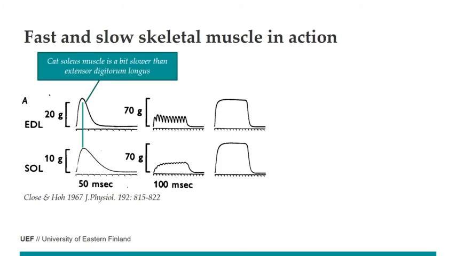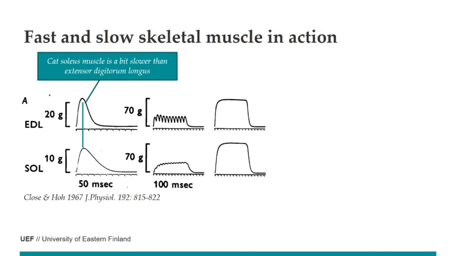The cat soleus muscle in the leg and the extensor digitorum longus are quite often used as a fast and slow example of muscle cells or muscles. The soleus muscle is a little bit slower. You can see that the peak is a little bit later than in the EDL muscle.